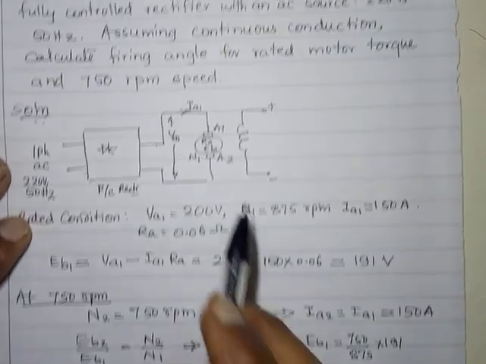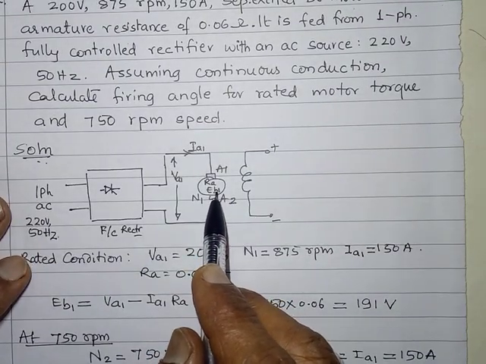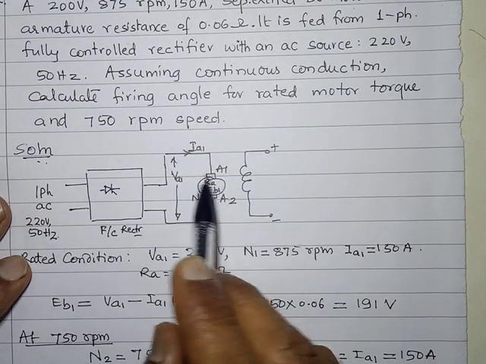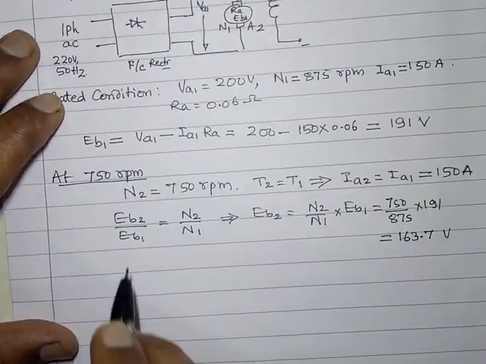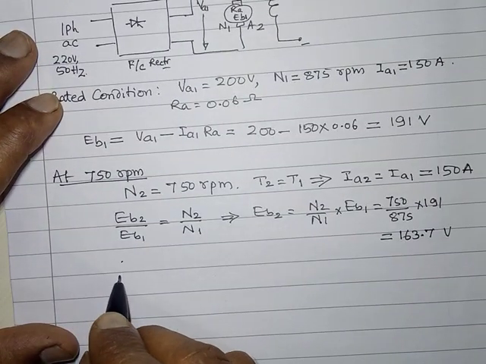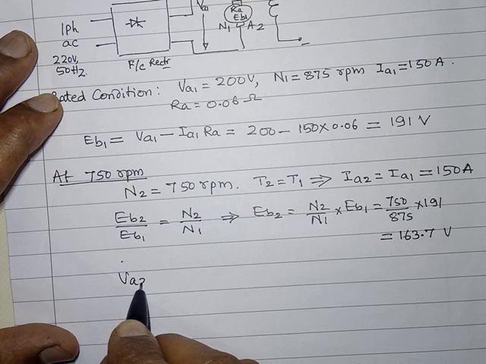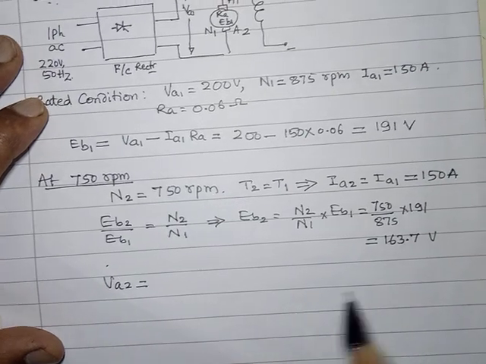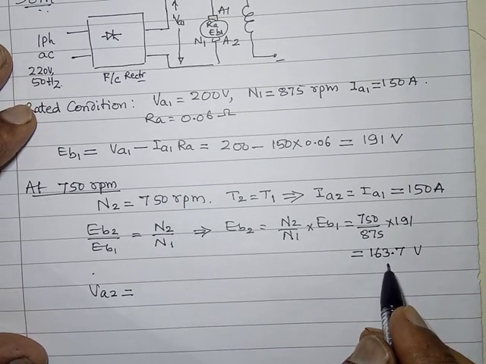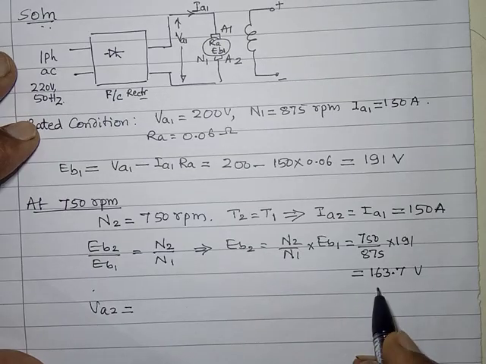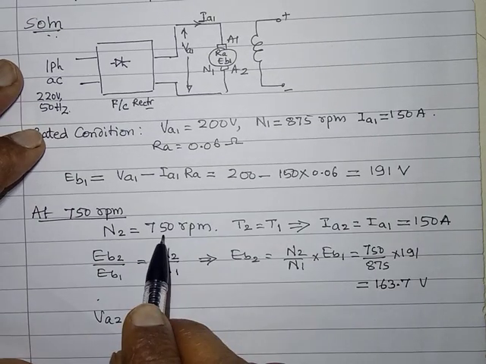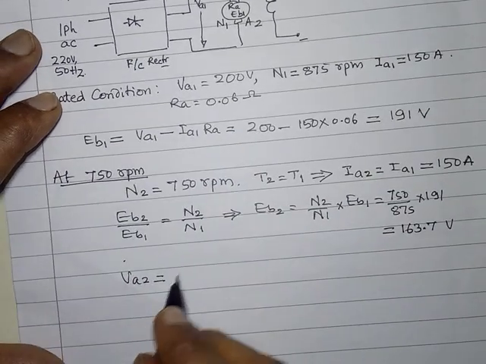So once I know EB2, to have that much EB2, how much is VA to be? VA2, the armature voltage, how much is to be, so that I will get this much EB2? This much EB2 I will have to have because I want this much speed.